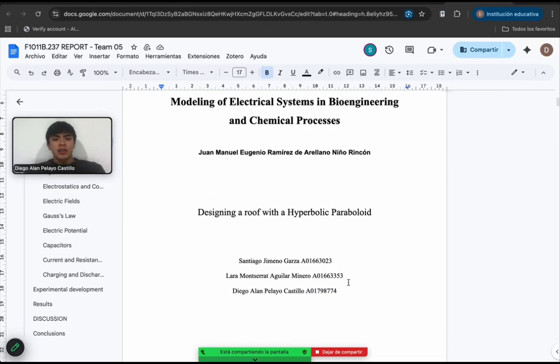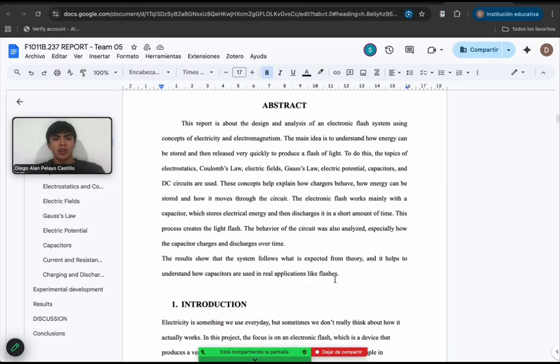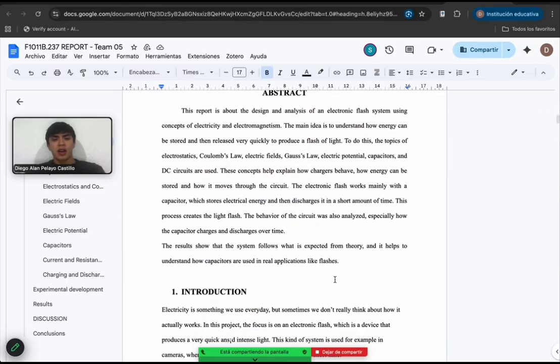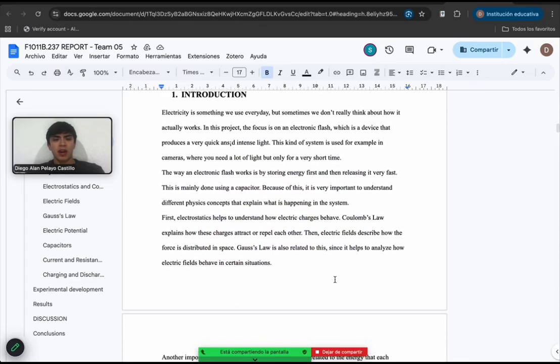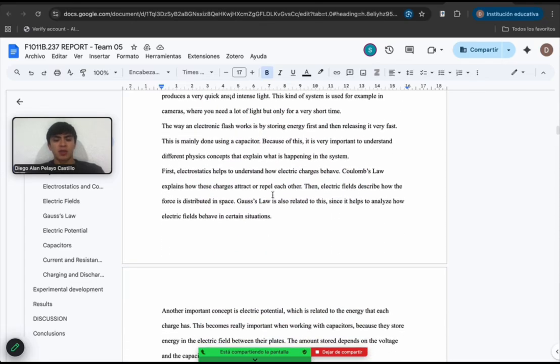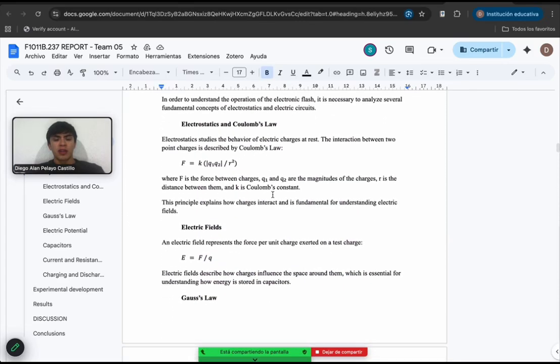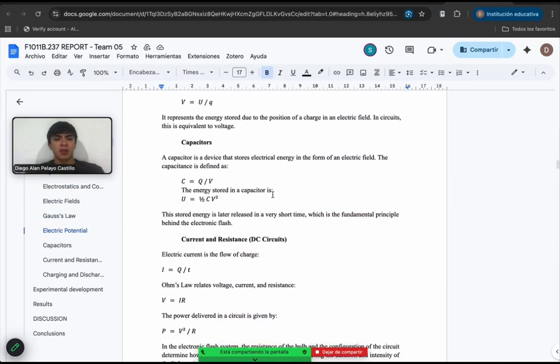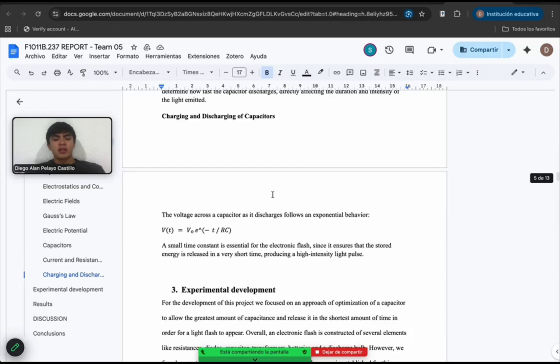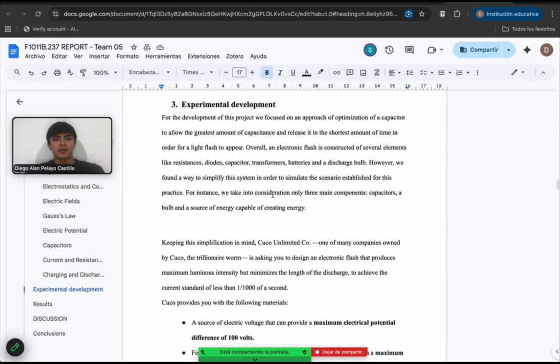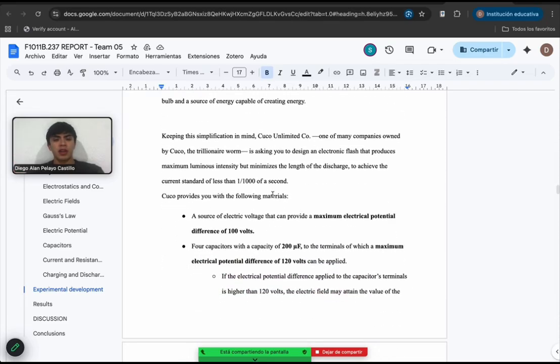Here is the whole challenge, separated by the sections that were supposed to be. Here we have all the theory explaining each one of the concepts that we needed to understand in order for the whole experiment to be created.